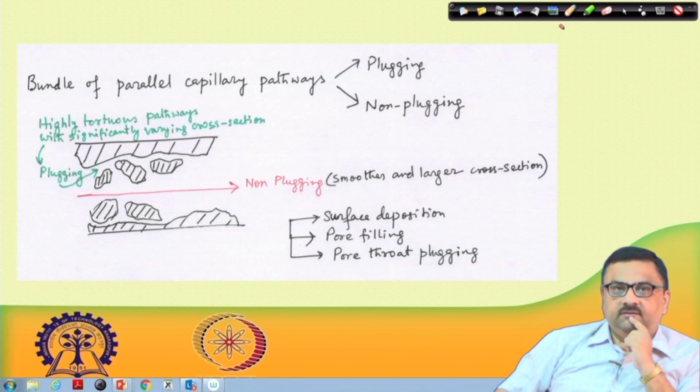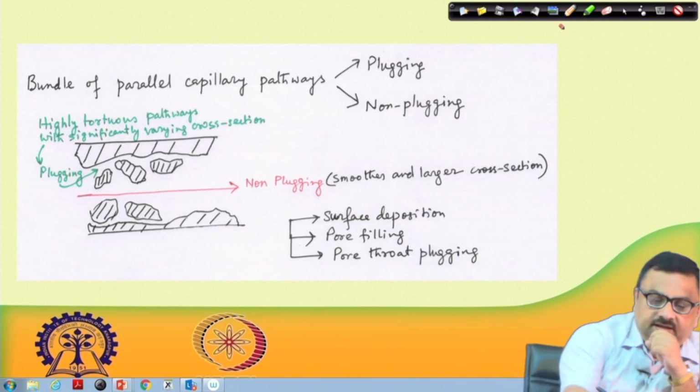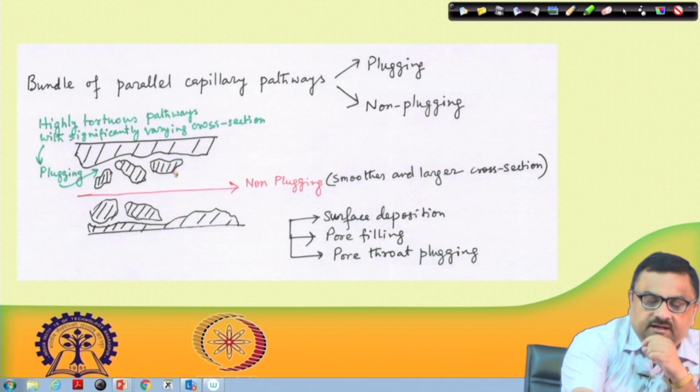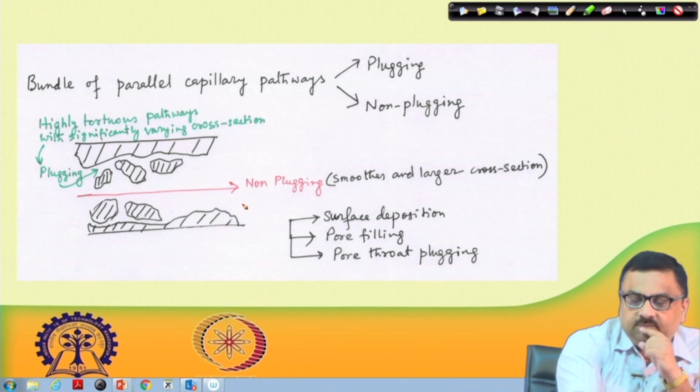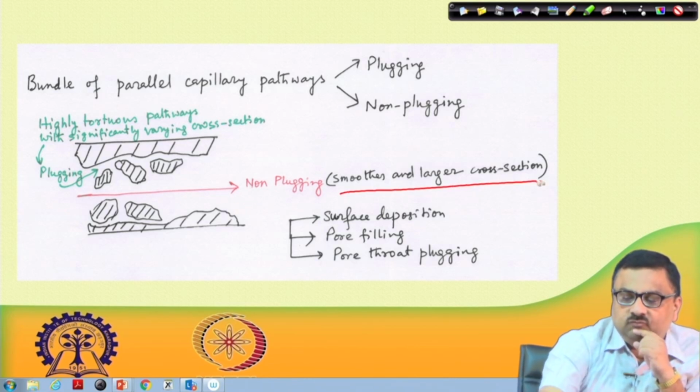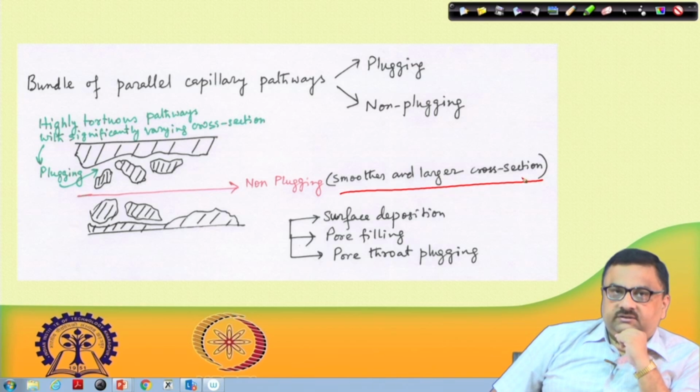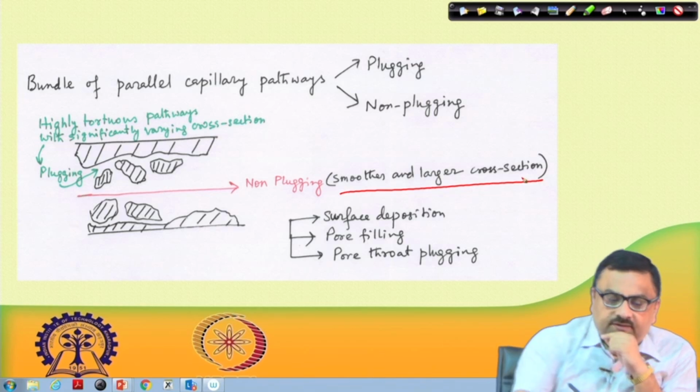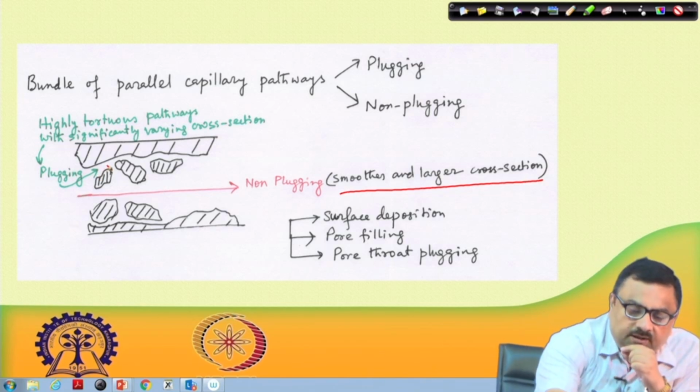See this red pathway, here it is mostly clear. This is going to be a non-plugging pathway, defined by a smoother and larger cross section.